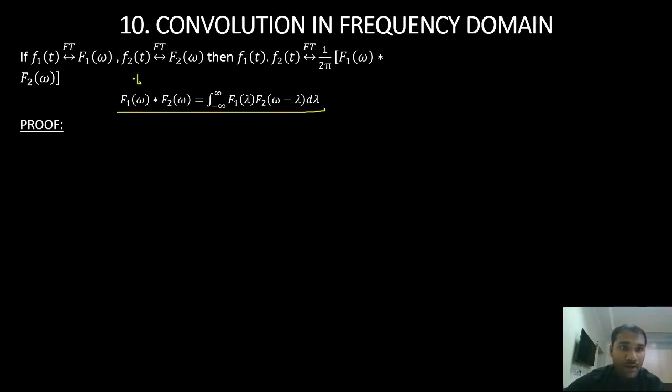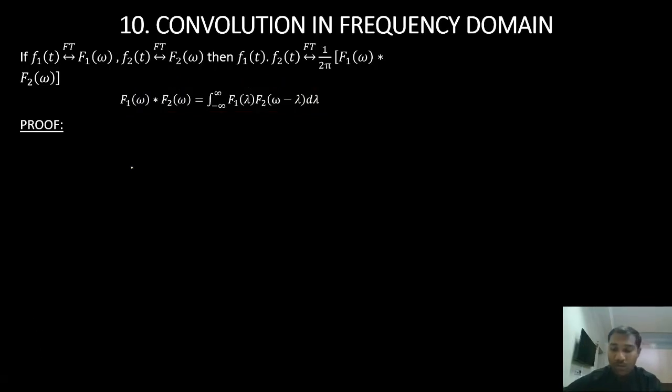There we had t and tau. Here I have omega and lambda. Similar to the previous convolution integral, just a change of variable.